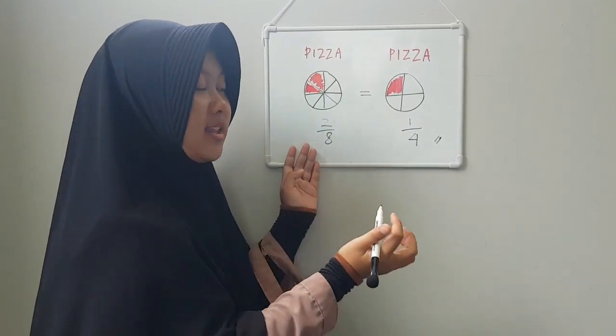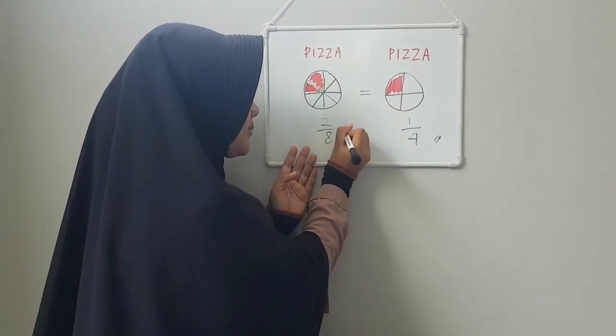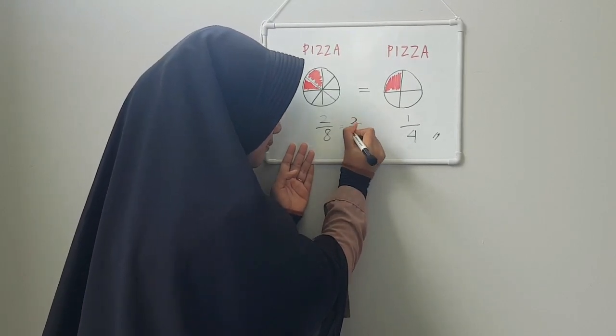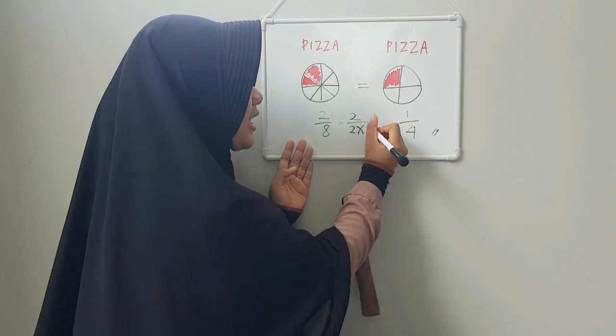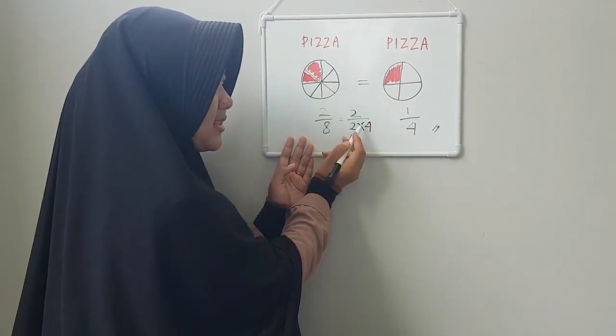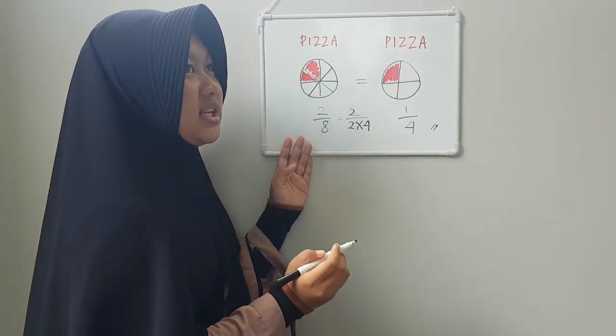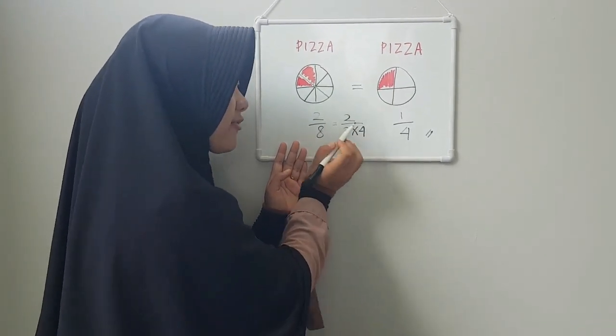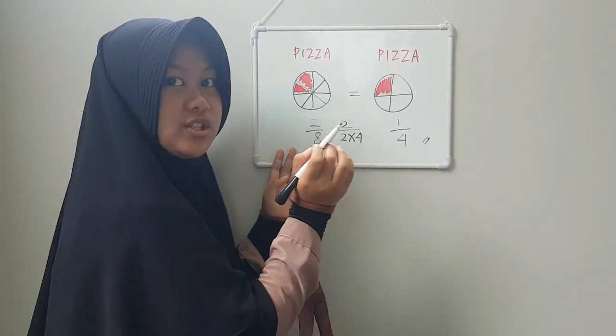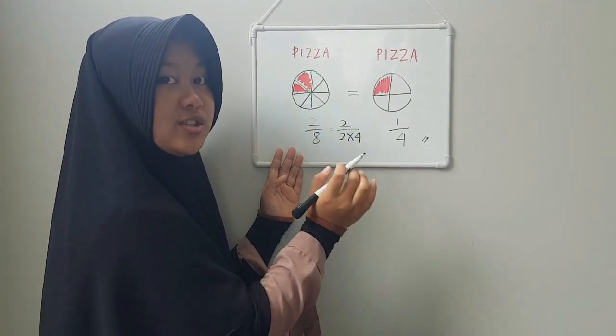Because we can write 2 over 8 as 2 over 2 multiplied by 4, like this. And we can divide the top of the fraction and the bottom of the fraction by 2.